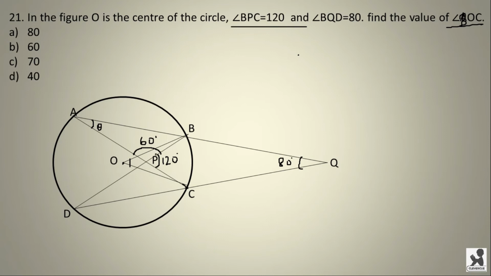If angle BPA is 60 degrees, then this angle, which is angle DBQ, is equal to the sum of the opposite angles, since DBQ is an external angle in the triangle APB. So angle DBQ will be equal to 60 plus theta. So this is 60 plus theta.